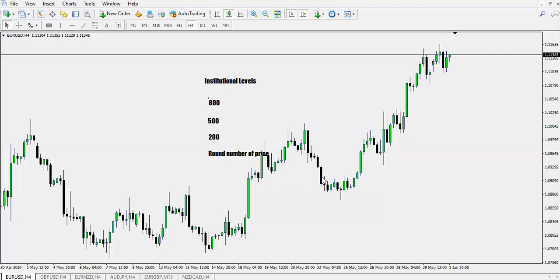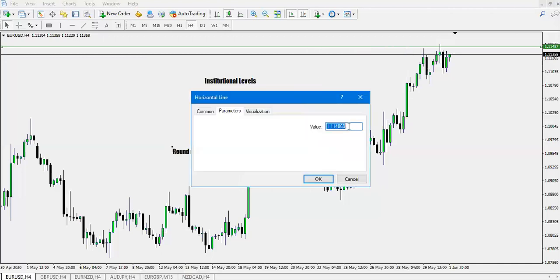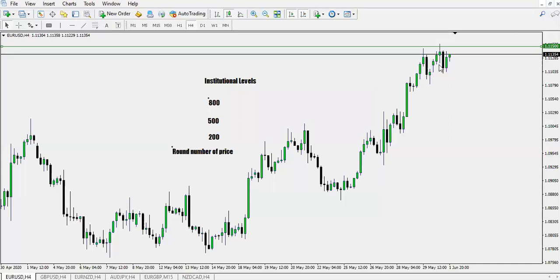Okay, so let's just dive straight into this. I'm not going to beat around the bush. Let's just mark up our institutional price levels right here. We can see that price currently is trading at 1.11500 right there.